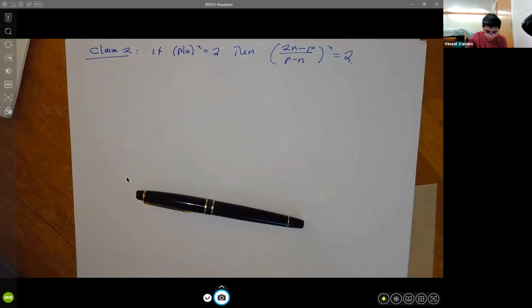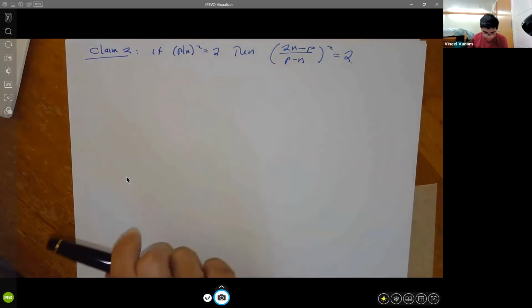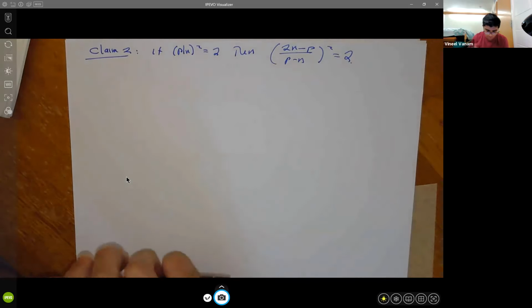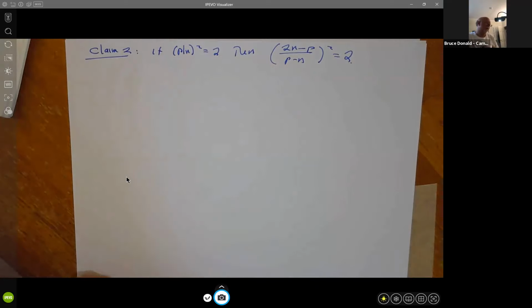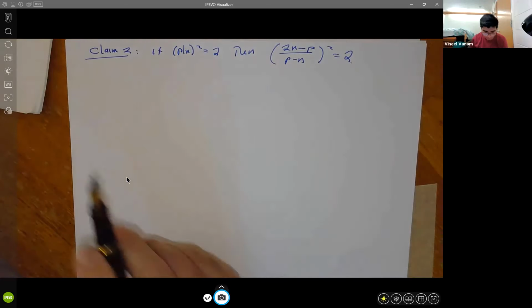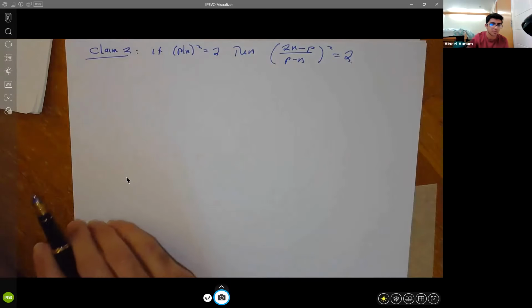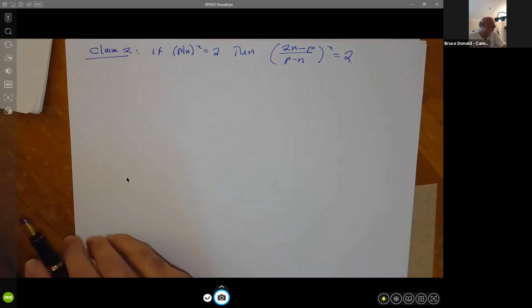So I haven't gone all the way yet, but I thought maybe you could substitute the 2 for p over n squared, and then simplify that down. And I've gotten as far as possible: 2n squared equals p squared, but I'm not sure where to go from there. Yeah, I think that leads somewhere.